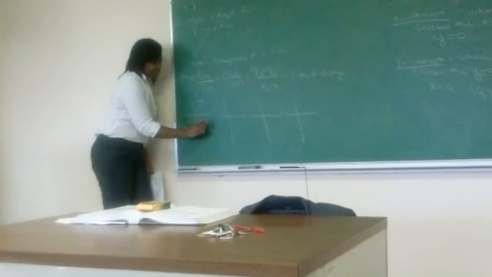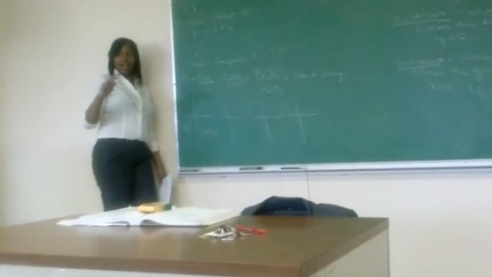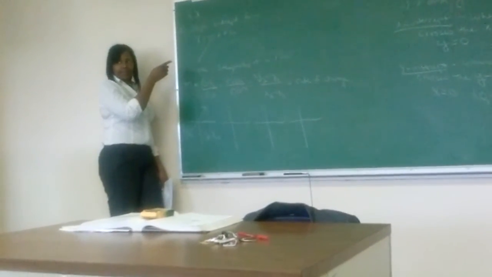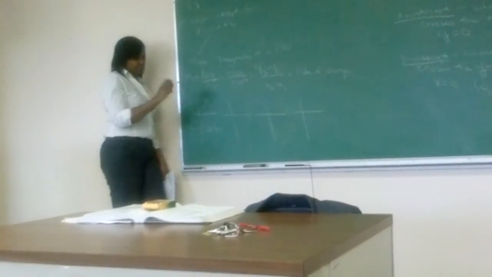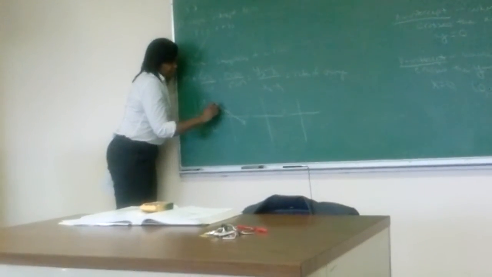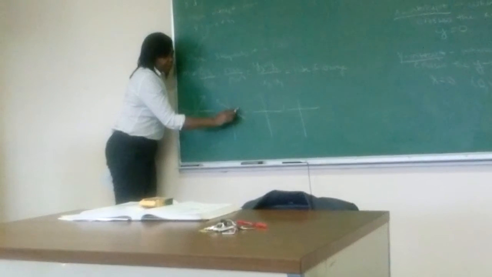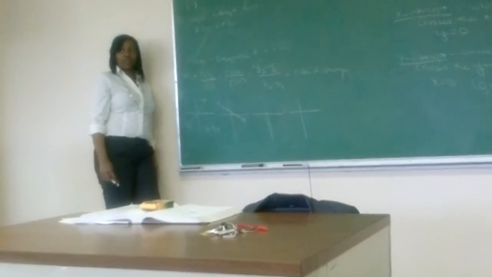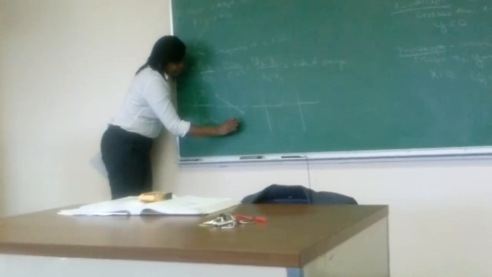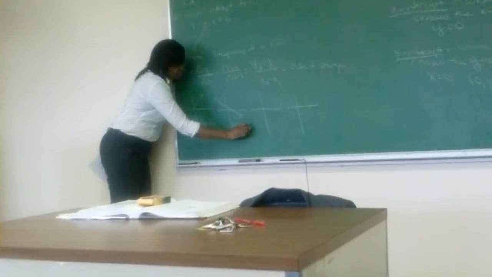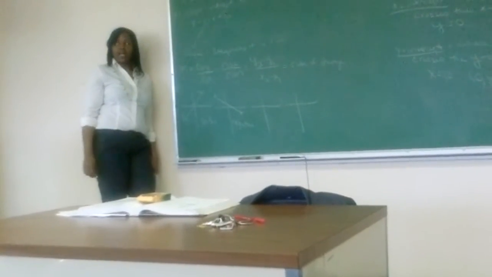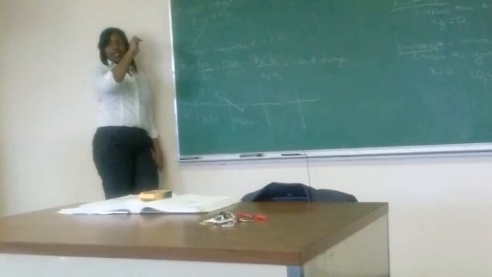For a slope to be positive, your graph should be leaning to the right. If I start here and go over, and it went down, that means your slope is negative. Anytime your slope is negative, your graph should be leaning to the left.